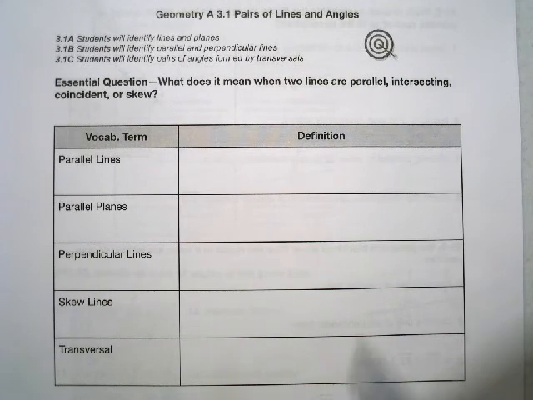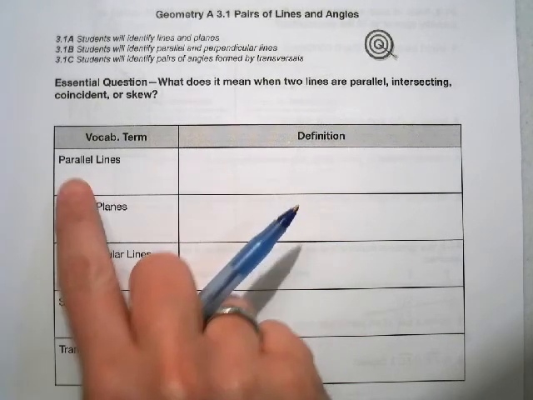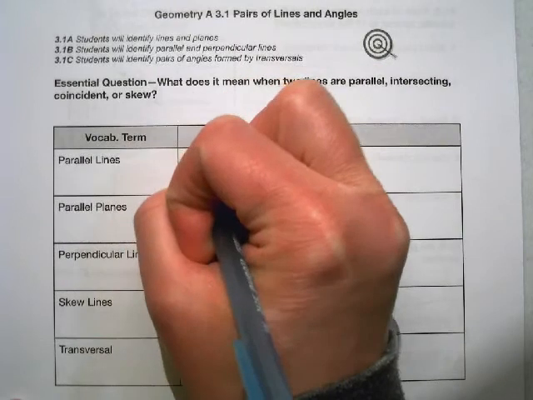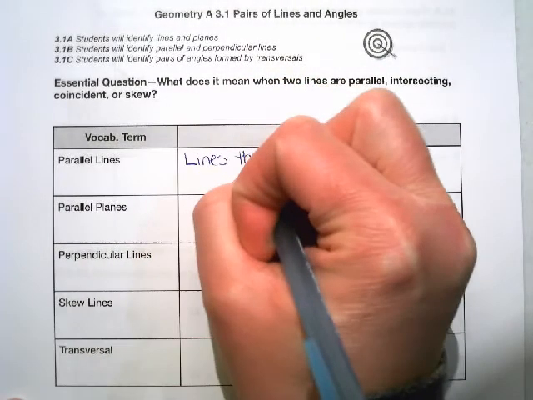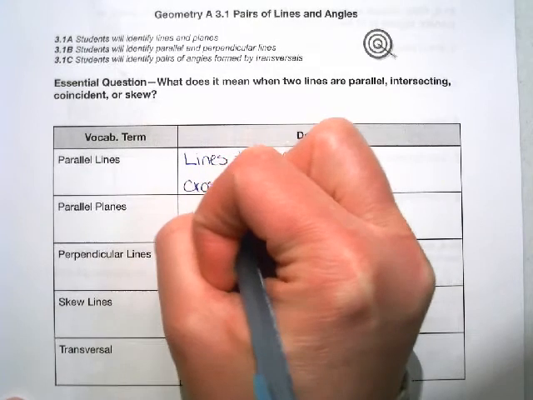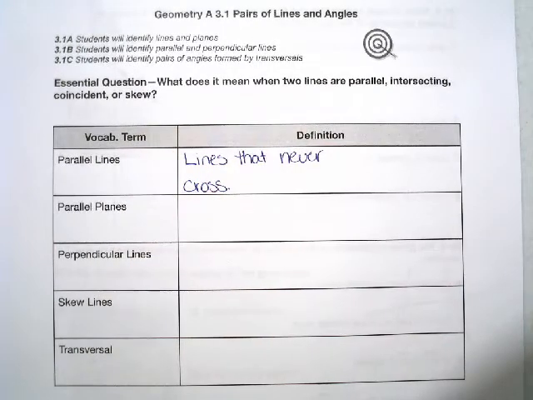Now I'm not going to give you the book's definition, I'm just going to give you a generic definition. If we were together, I would be asking you, but since I'm alone, I have to write it myself. So in my mind, parallel lines are lines that never cross. Or you can use the word intersect, whatever you feel more comfortable with.